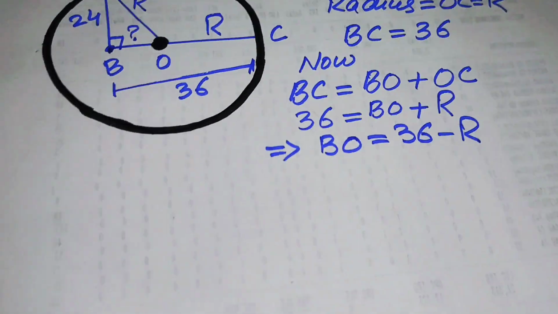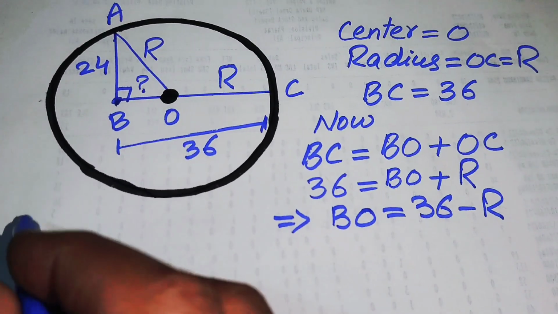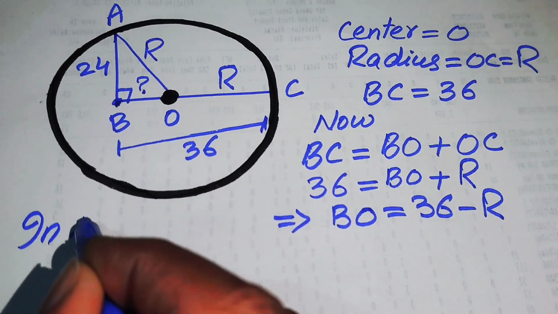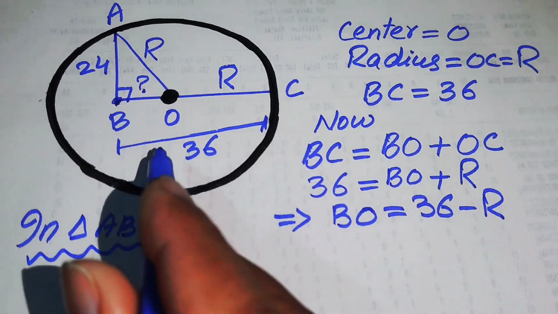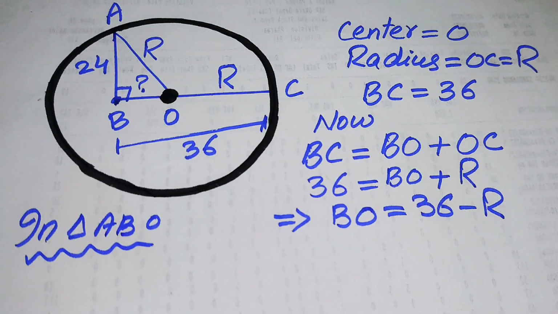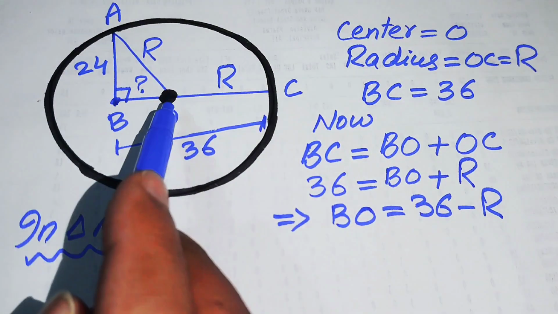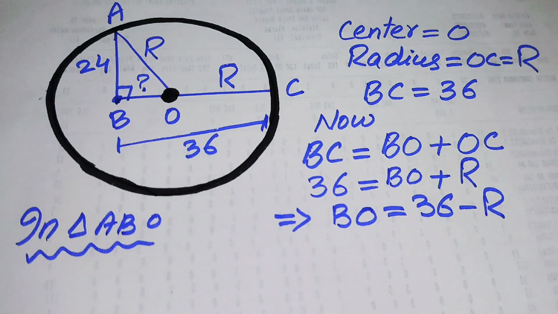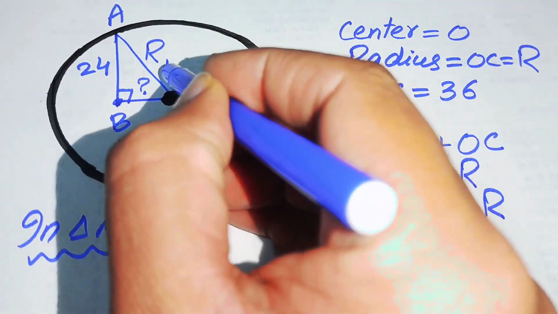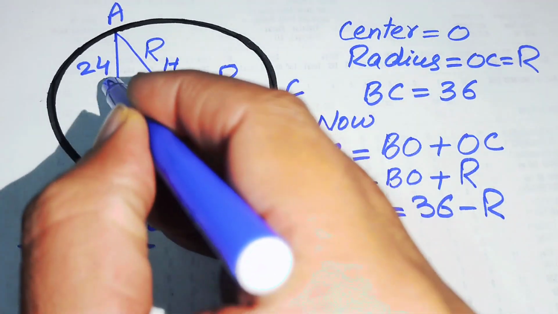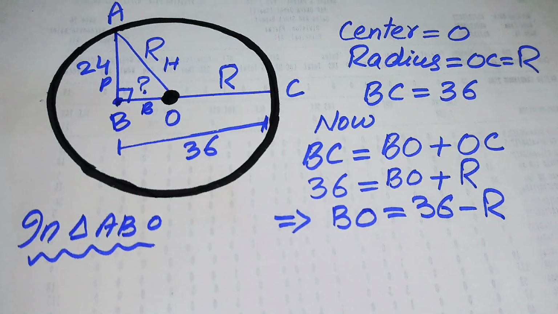So now focus on the right triangle ABO. This is our figure, and you know that the Pythagoras theorem is applied to a right triangle. Here this is our hypotenuse, we call this the base, and this is the perpendicular.